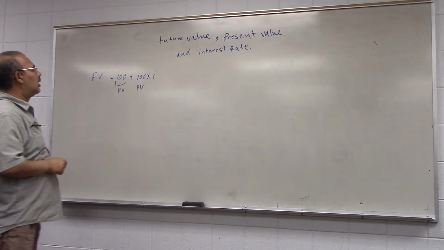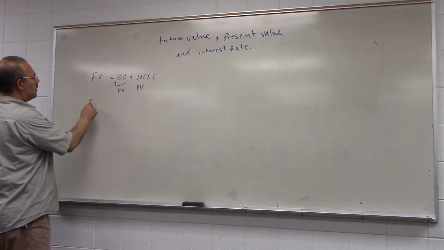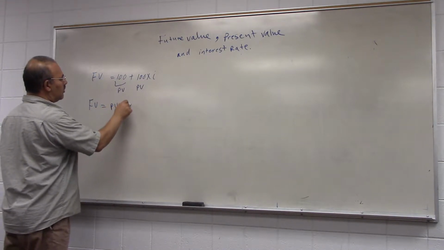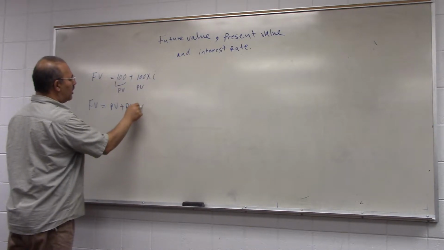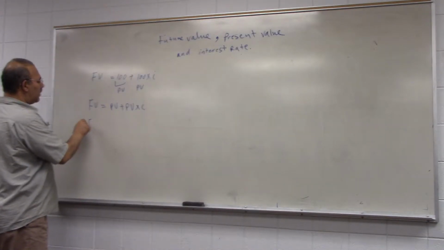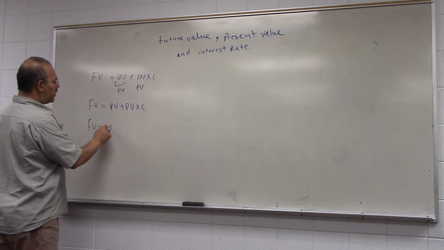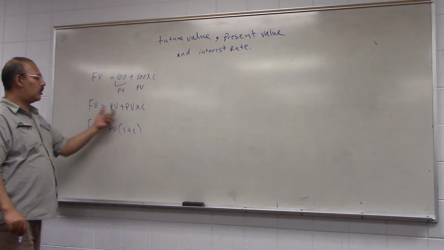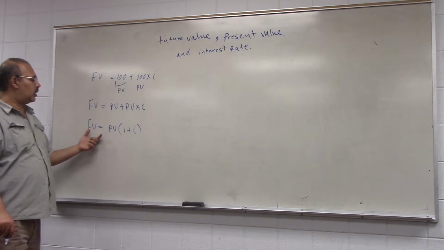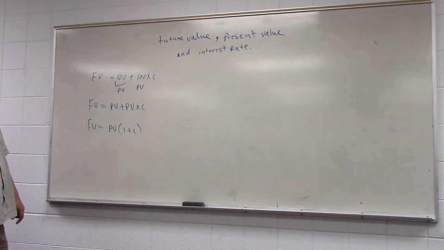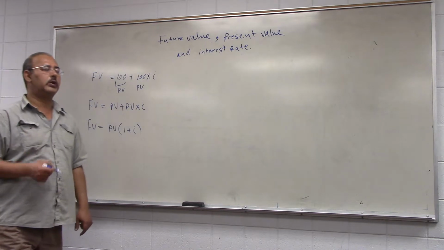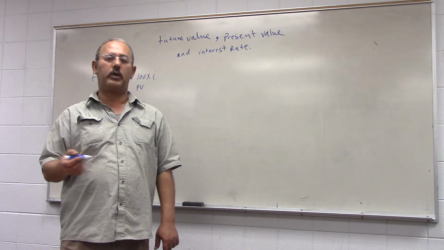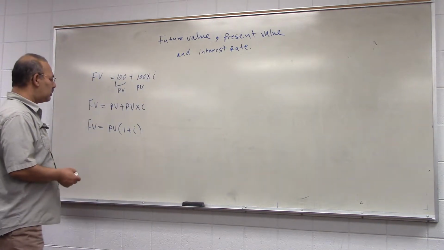Therefore, the future value will be equal to the present value plus the present value multiplied by the interest rate. We can pull out the present value, and we can use this equation to calculate the future value or the present value for any amount of money.